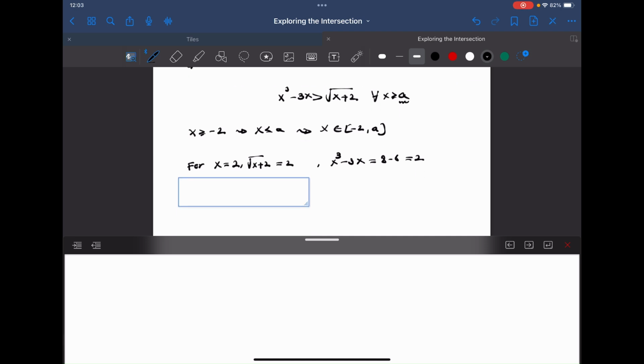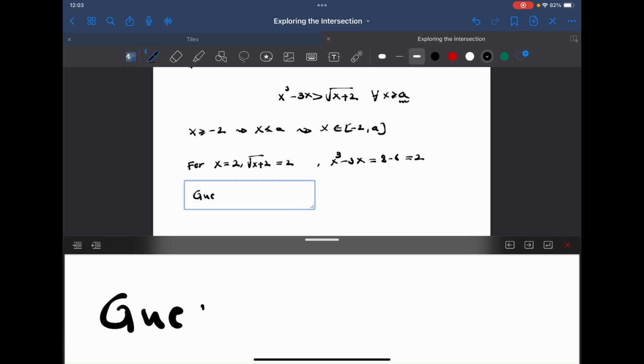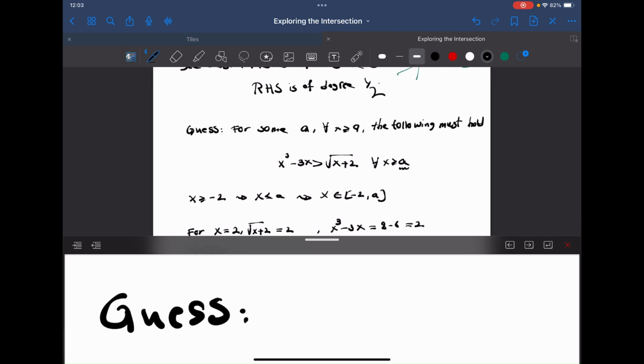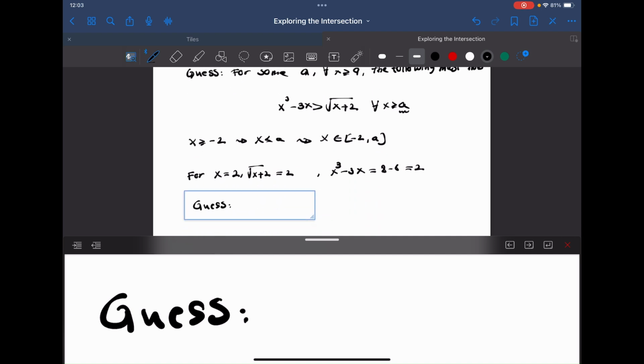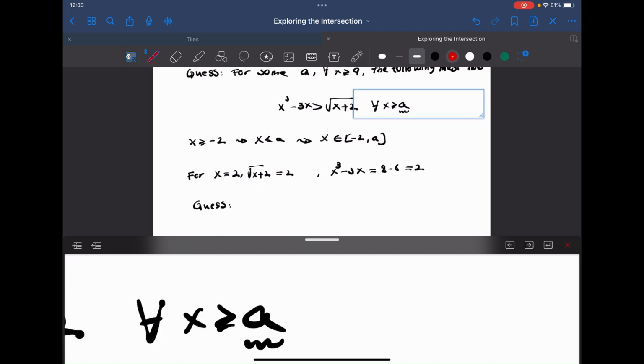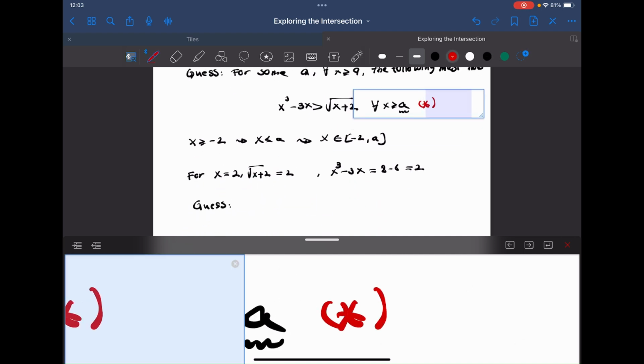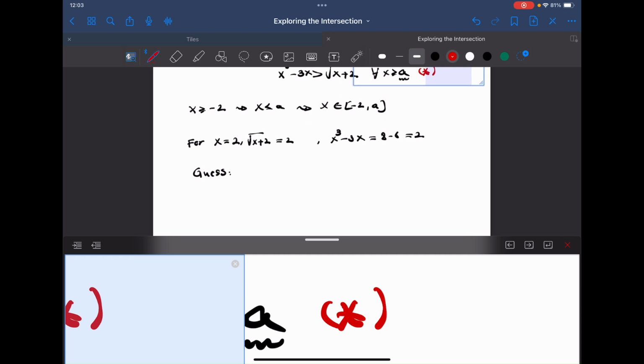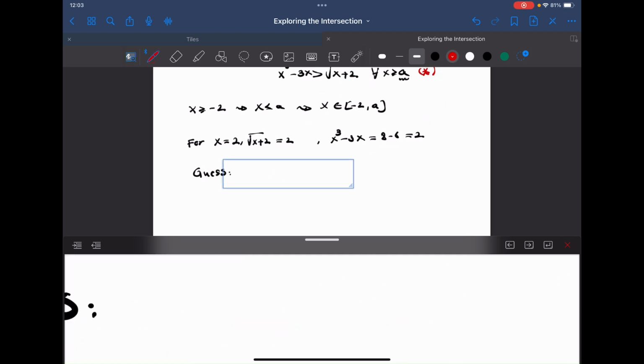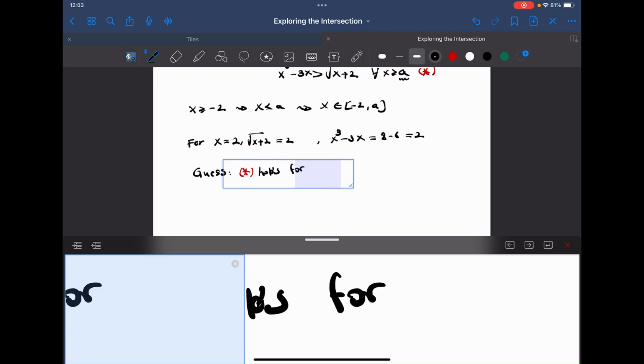So I'm going to make this guess. Let's call this guess star: the guess is that star holds for A equal to 2.